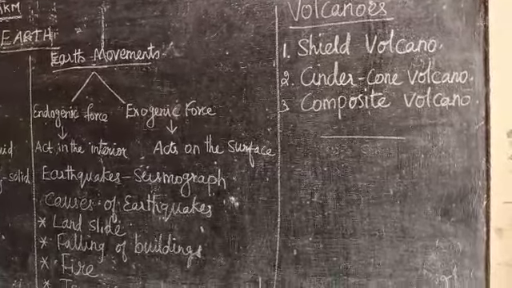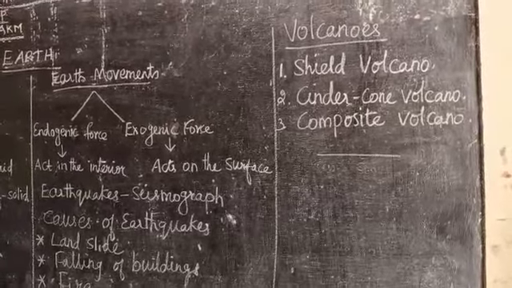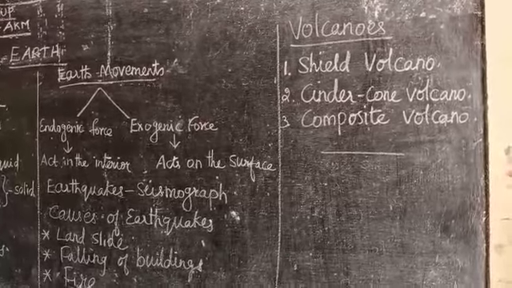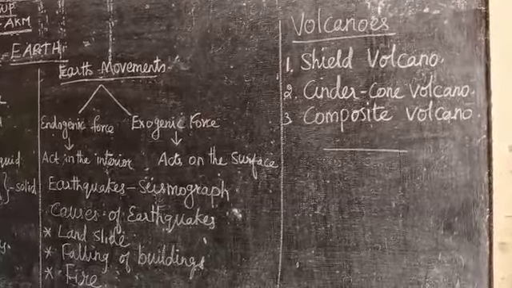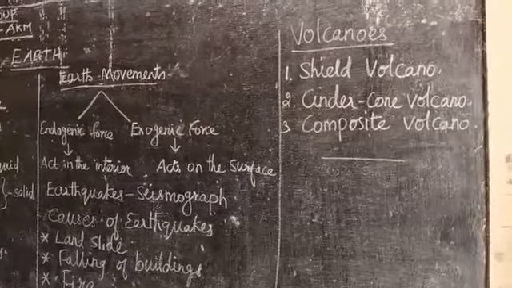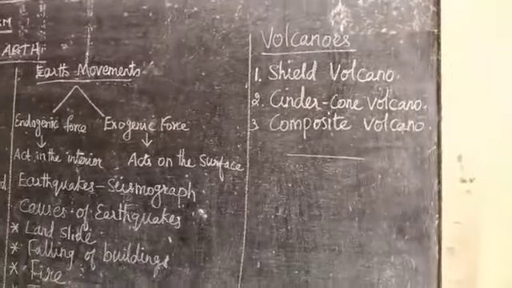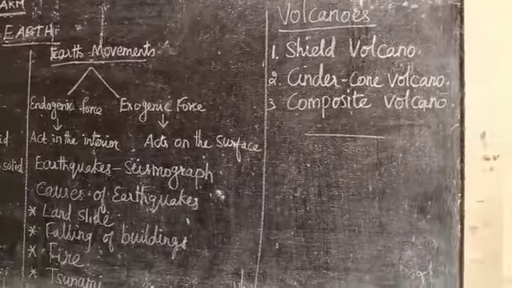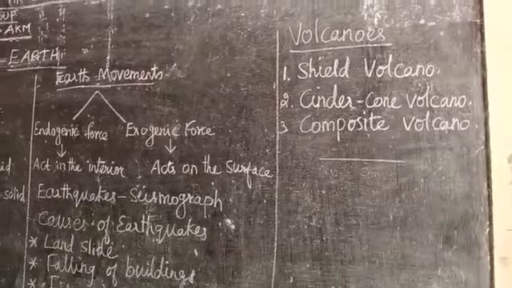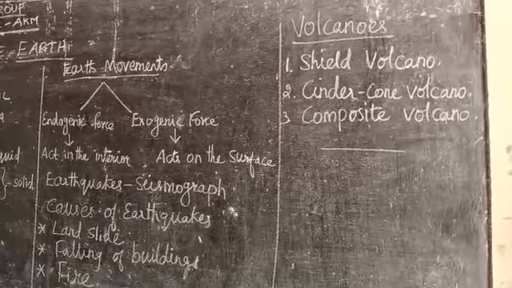Such volcanoes have steep slopes and are made of cinder and ash. Many volcanoes of Mexico and Central America belong to this group. Next, composite volcano. These volcanoes are made of alternate layers of lava, cinder and ash. They are also called stratovolcanoes. St. Helens is an example of a composite volcano.